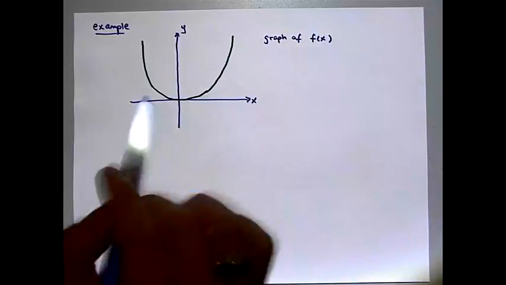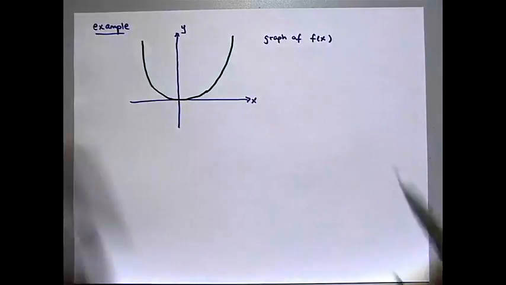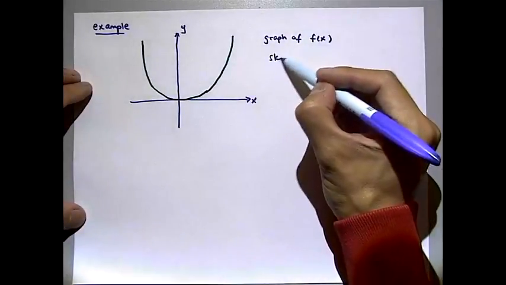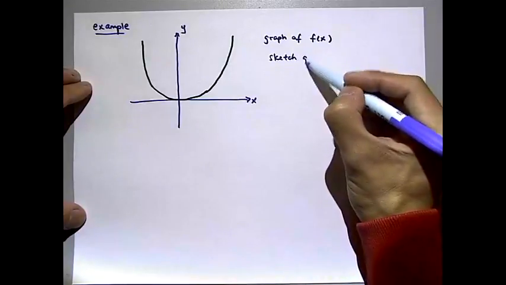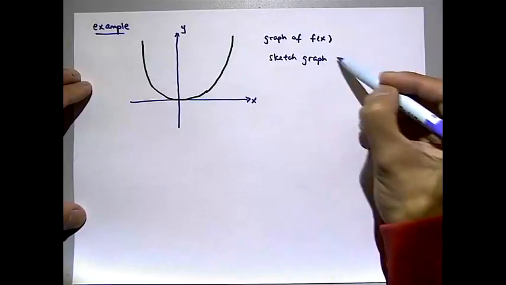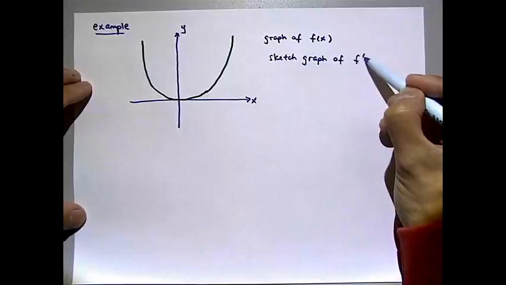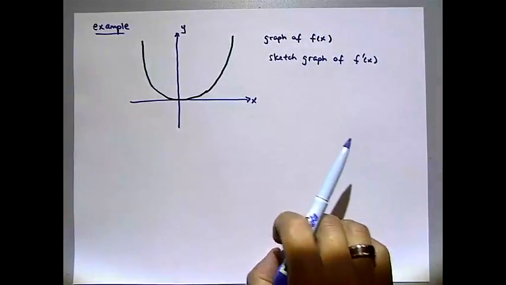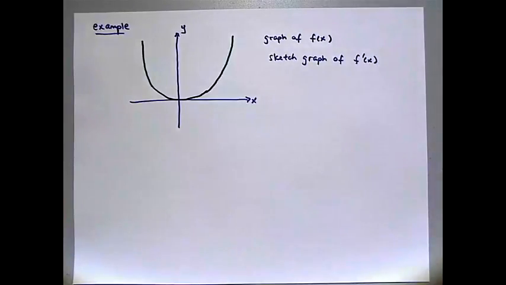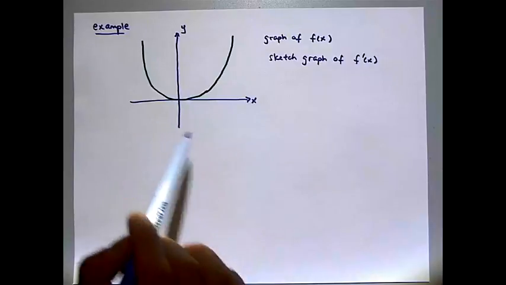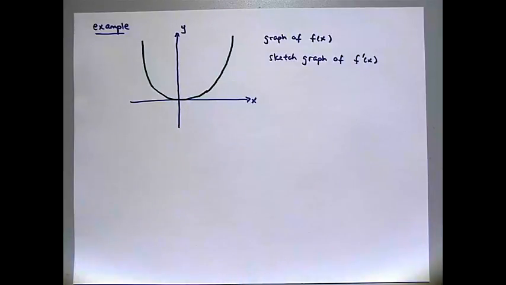And we're going to use this, just this right here, to sketch what f prime might look like. I don't even know what f looks like, so I cannot use the formula we had two pages ago to find my derivative and sketch it.